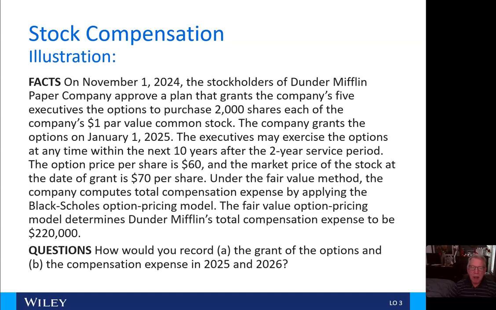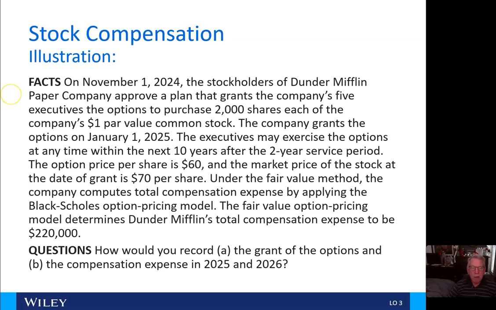The executives may exercise the option any time within the next 10 years after a 2-year service or vesting period has elapsed. The option price per share is $60. The market price of the stock at the date of grant is $70 per share.